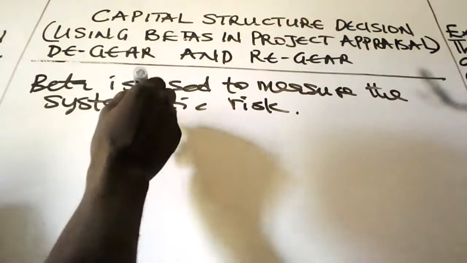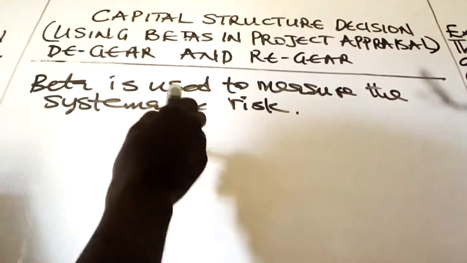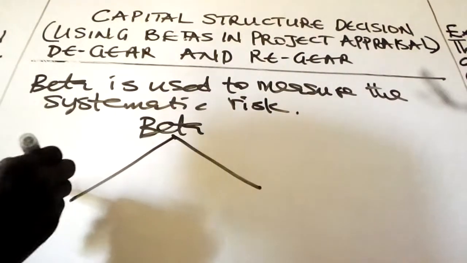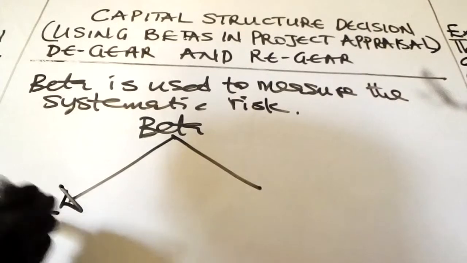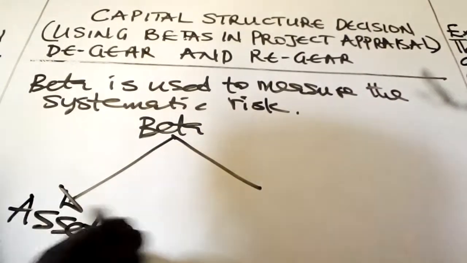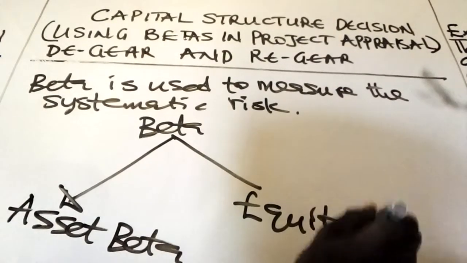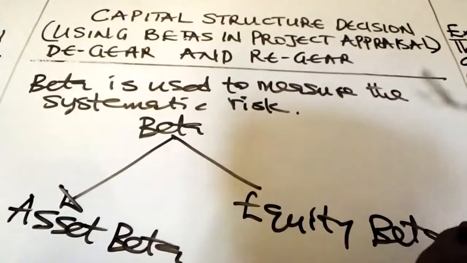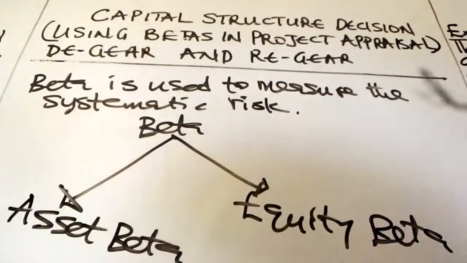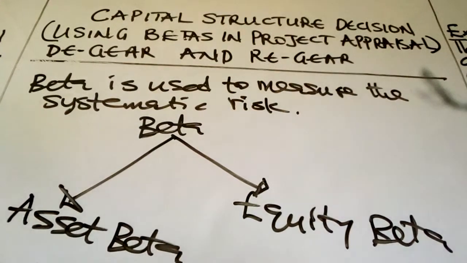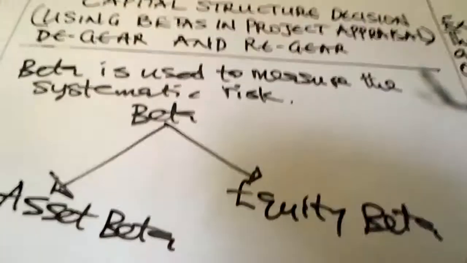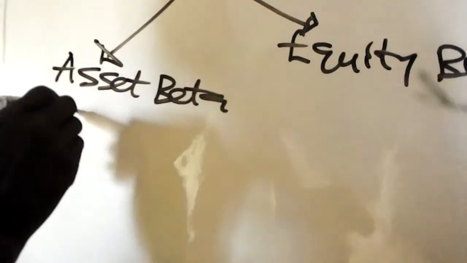Then this beta, we are going to categorize it into two. We have the asset beta and equity beta. We have asset beta when the business is all equity financed.